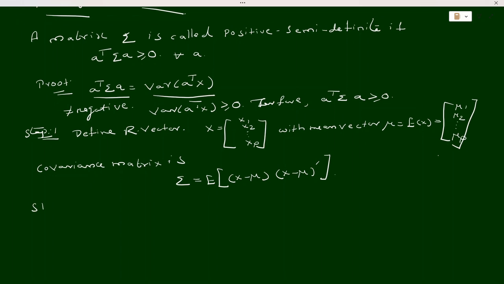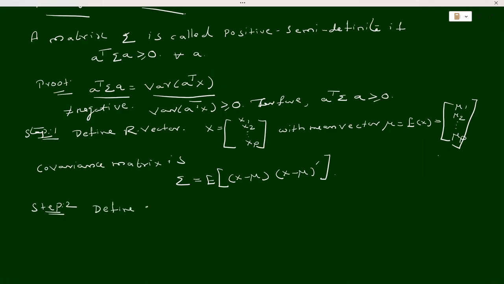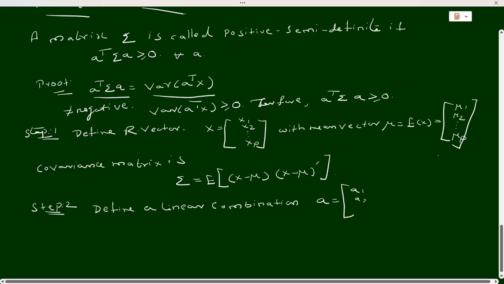Step 2. So now we define a linear combination. Take any constant vector, say A is A1, A2, etc. AP.